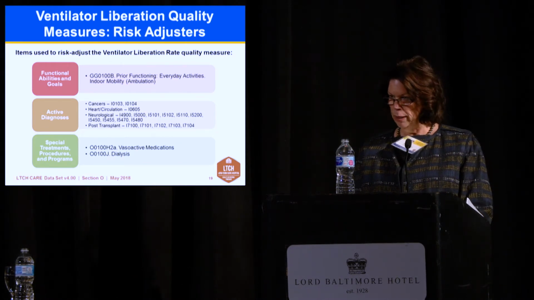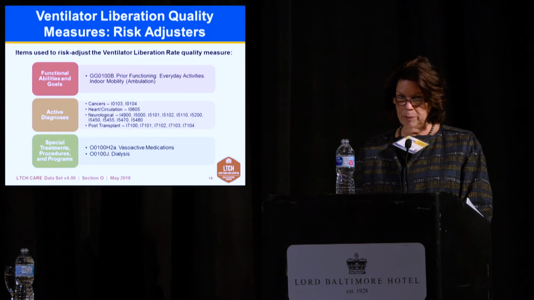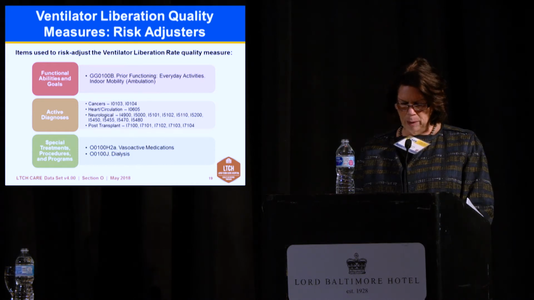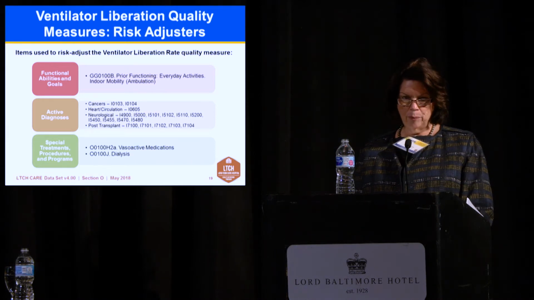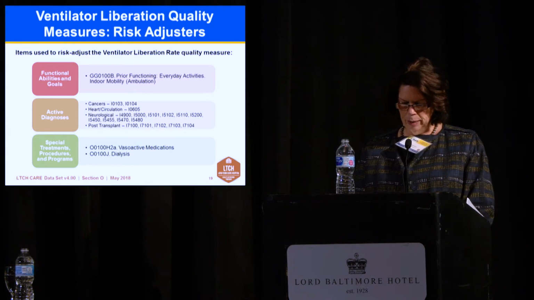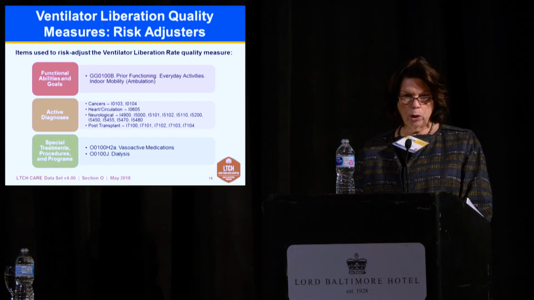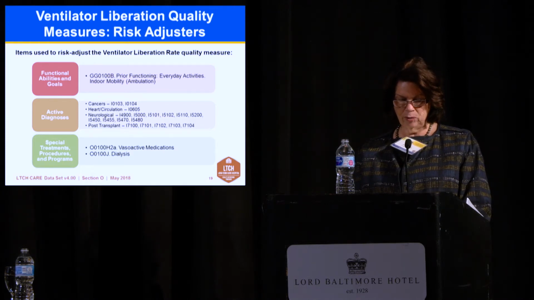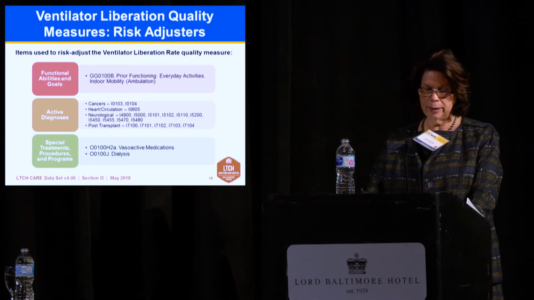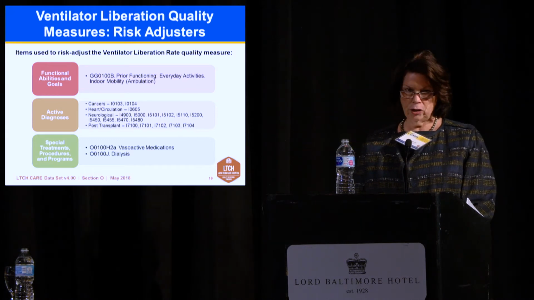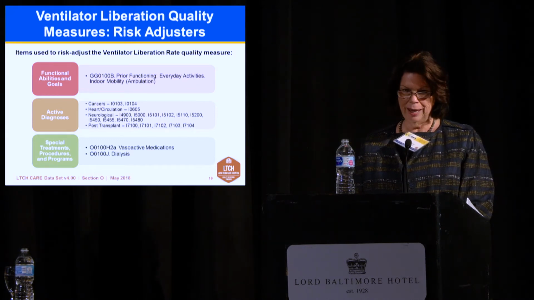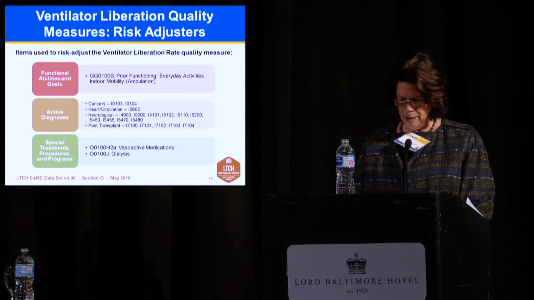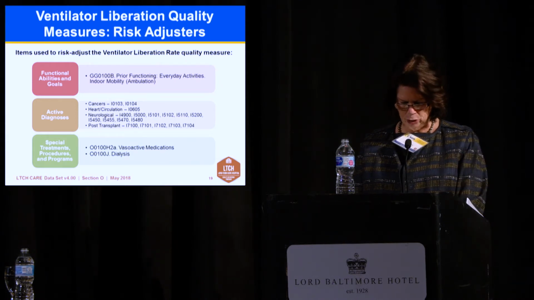I talked about the cancers in my presentation this morning, heart circulation categories, neurologic, the specific data elements are there, and post-transplant. And then for special treatments and procedures from Section O, IV vasoactive medications, and also dialysis. So these are all risk adjusters that we'll be using once we have enough data to begin to calculate the measures.